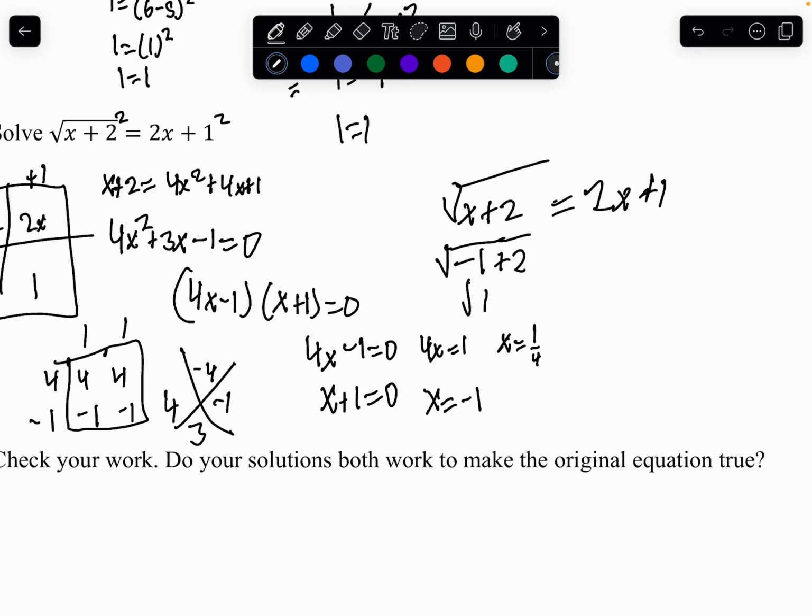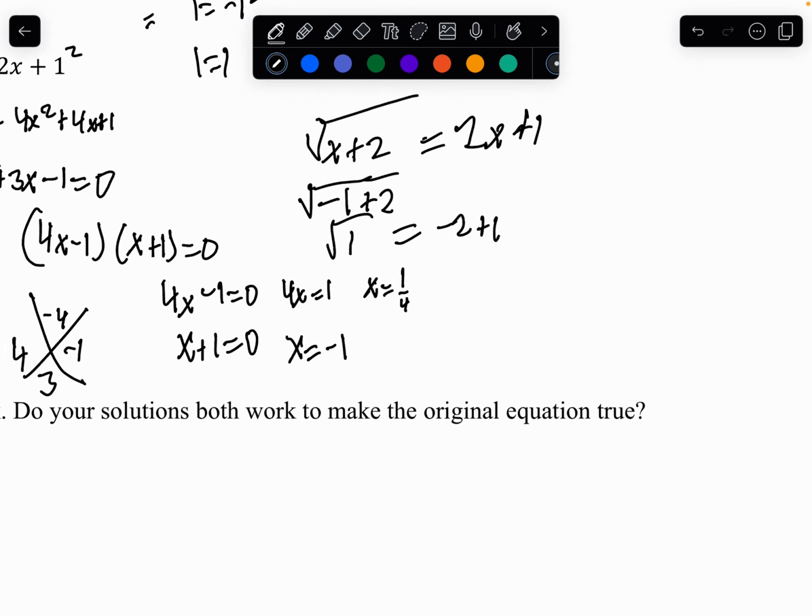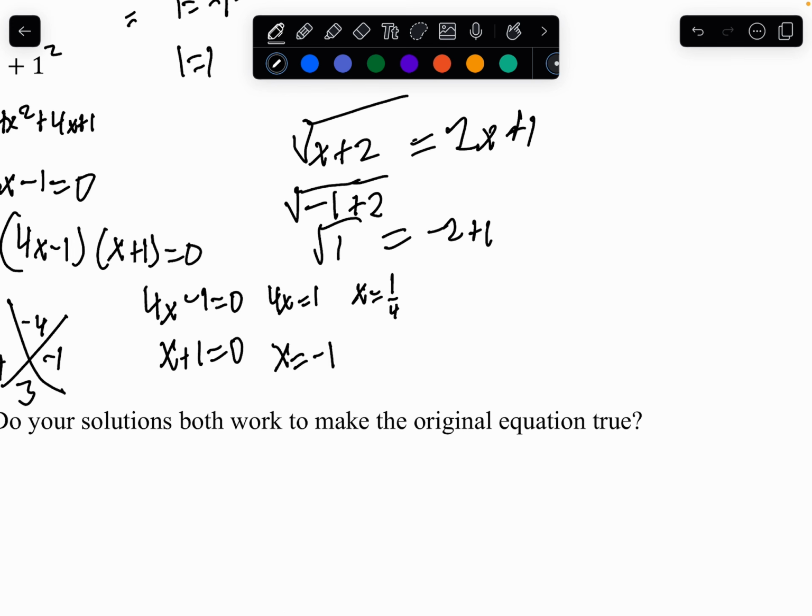The square root of 1 is just 1, which equals 2 times negative 1 plus 1, which is negative 1. So we got 1 equals negative 1, and this is not true.